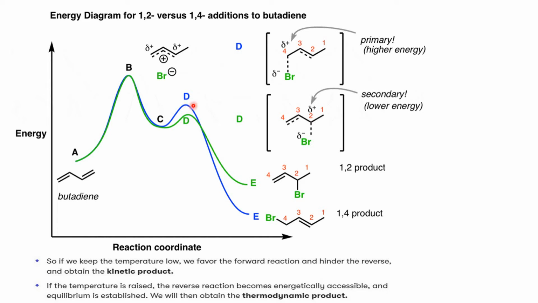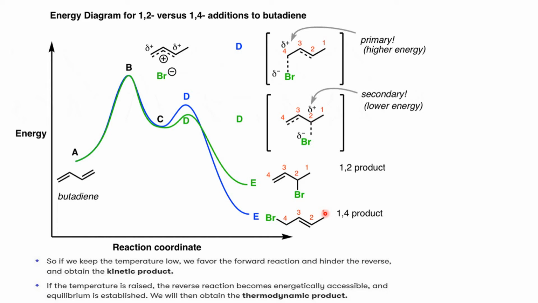Once it reaches the high energy transition state, it will form the more stable product. And it is a reversible reaction, so when the more stable product is forming, the reaction will proceed in this direction. Therefore the major product will be the 1,4 addition product, and an equilibrium is established here, and this is known as the thermodynamically controlled product.